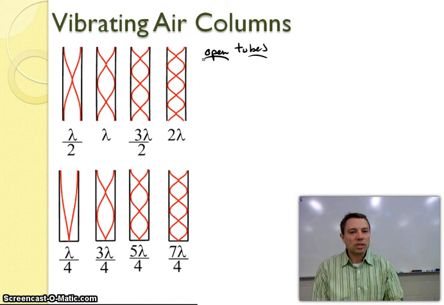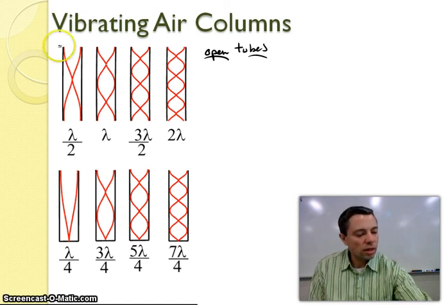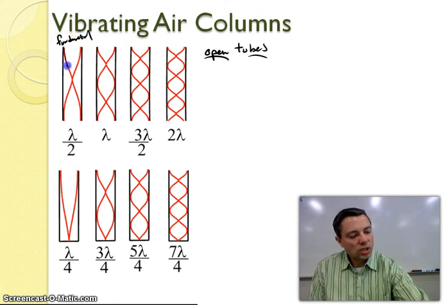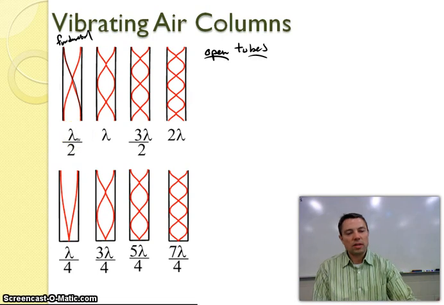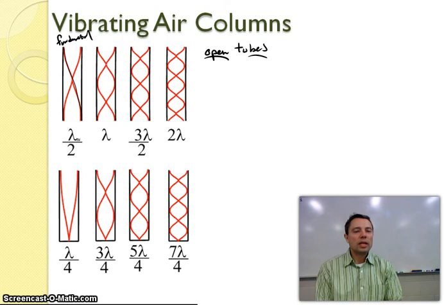So these open tubes are how we look at sound. Now again, when we ask what's the smallest part of a wave that can fit in there, we get this one being our fundamental. In here, we're seeing half of a wavelength fitting inside, and it's vibrating. The difference is that it looks like a transverse wave, but really it's about pressure differences.